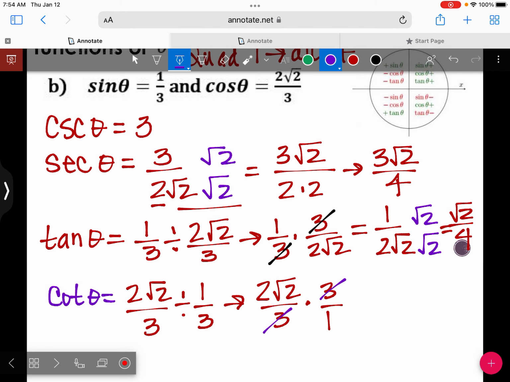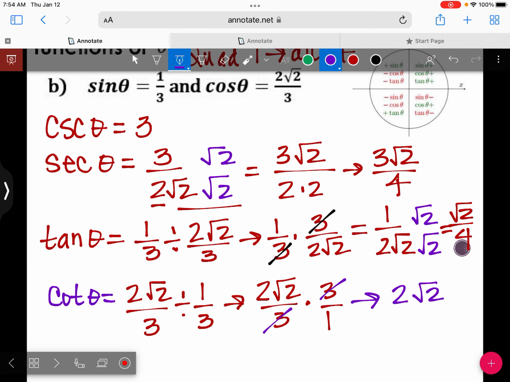The 3's cancel, and you end up with just 2 root 2. So if we had flipped our tangent, we would have had 4 over root 2, and we would have needed to rationalize it, which we would still get 2 root 2. But, yeah. Okay, any questions about how we work through that?